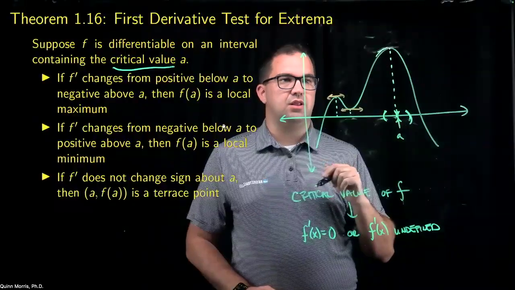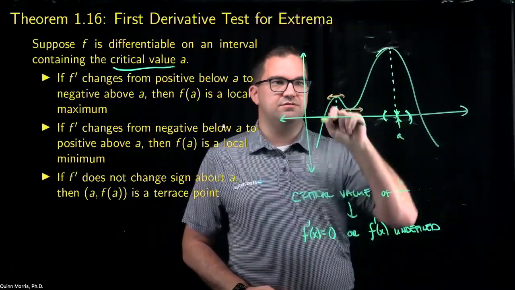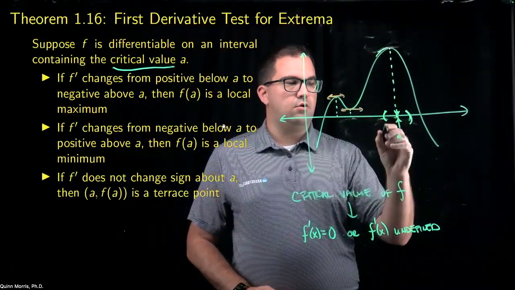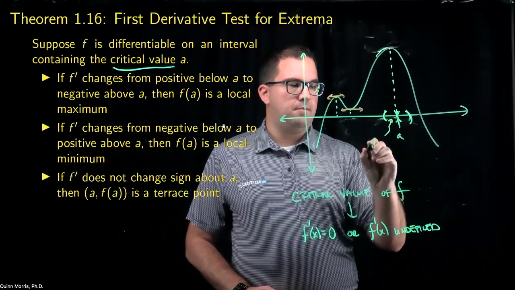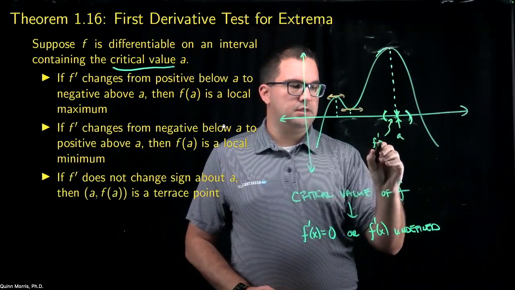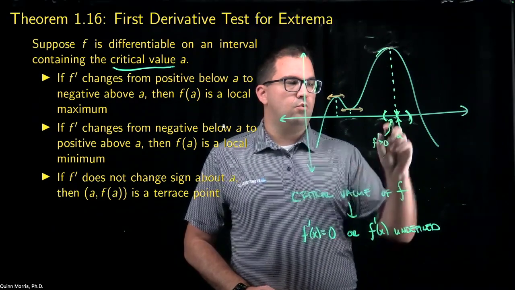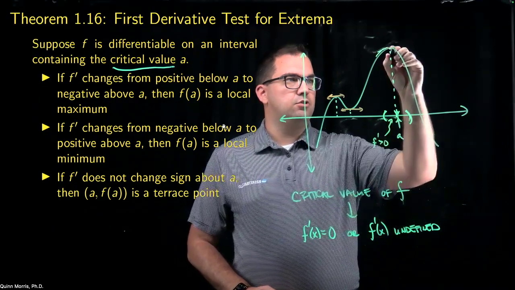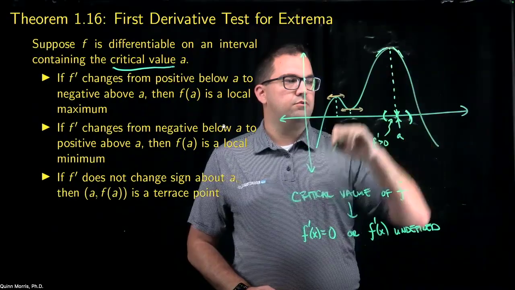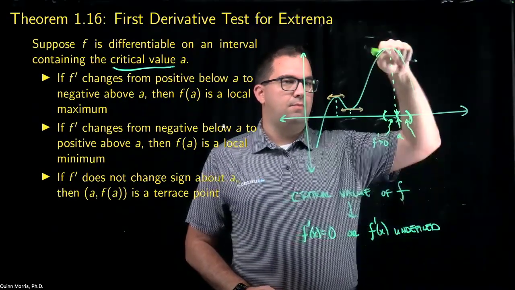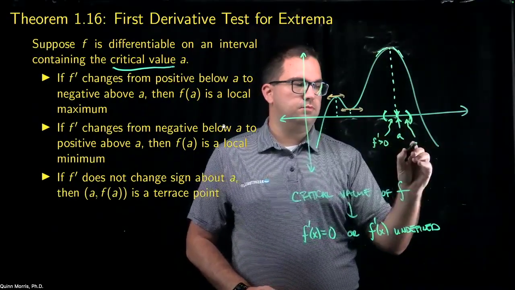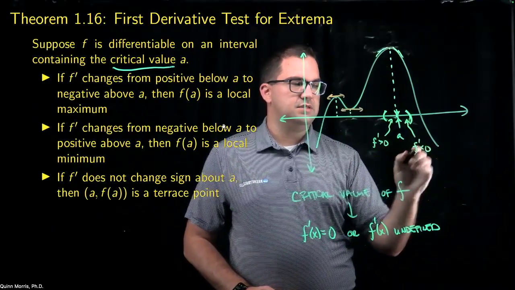All of these tangent lines would have a little positive slope. Once I move above a, if I start looking at all these derivatives, now all my tangent lines have negative slope, so my derivative is negative over here.